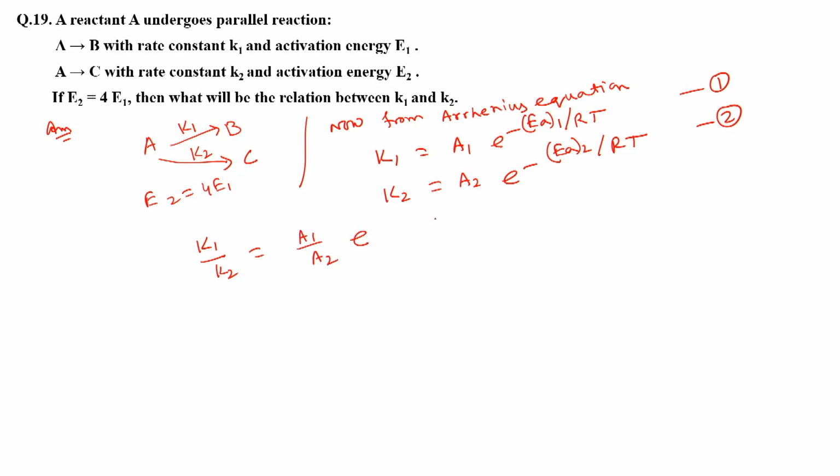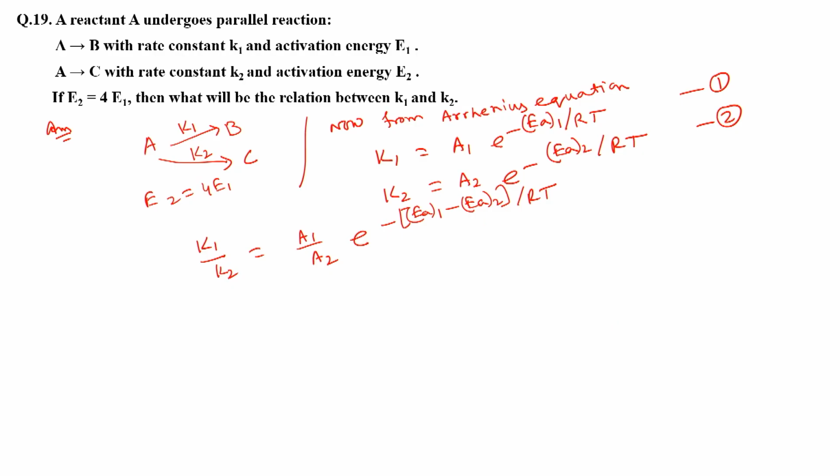K1 by K2 gives A1 by A2 e to the minus Ea1 minus Ea2 by RT. Now what is the value of Ea2?